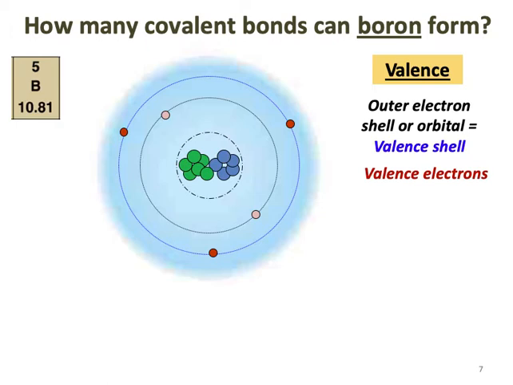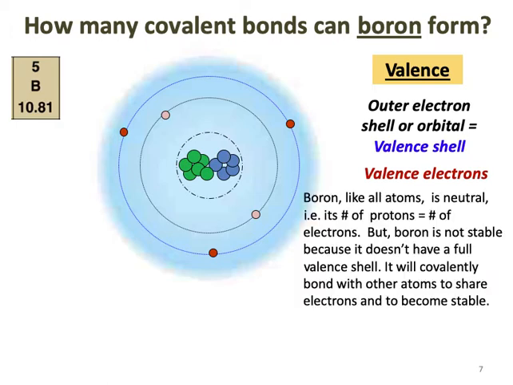Okay, with that in mind, we know that boron, like all atoms, is neutral. That means the number of protons equals the number of electrons. However, because boron doesn't have a full valence shell, it is not stable. You are only stable and resistant to forming any kind of bonds if you have a full valence shell.